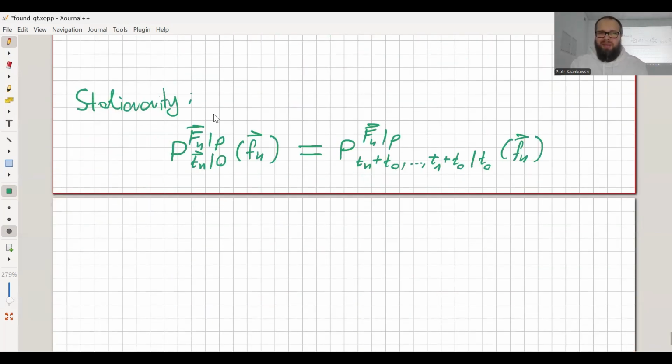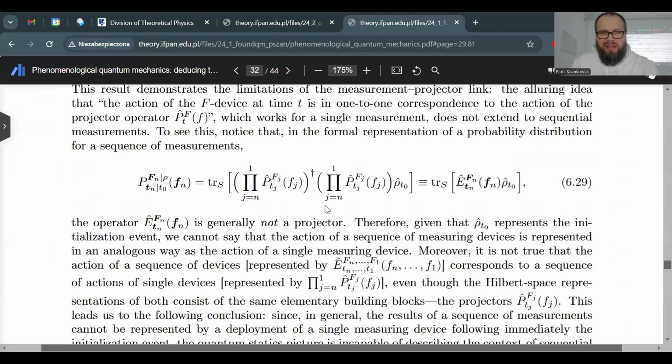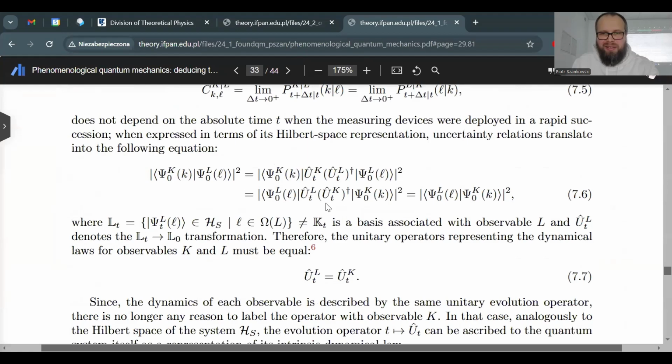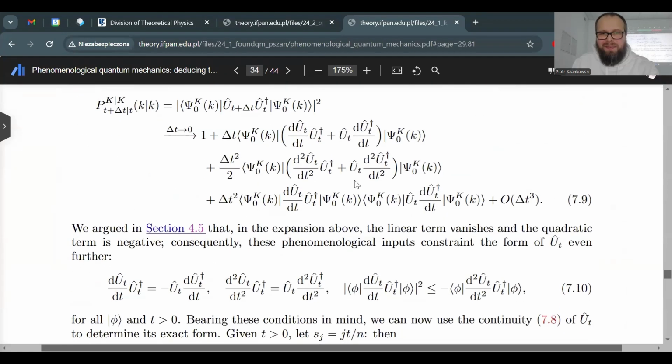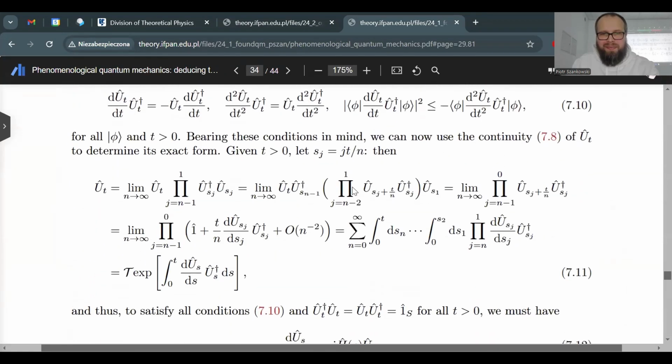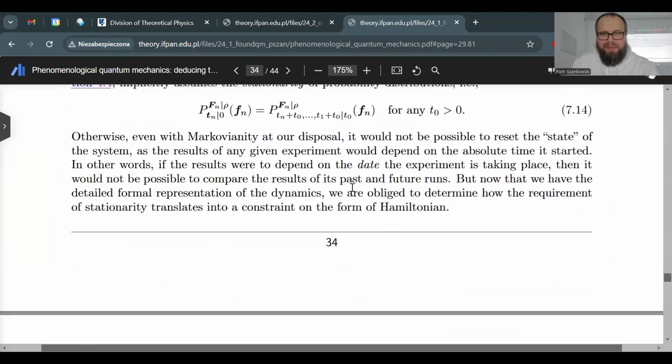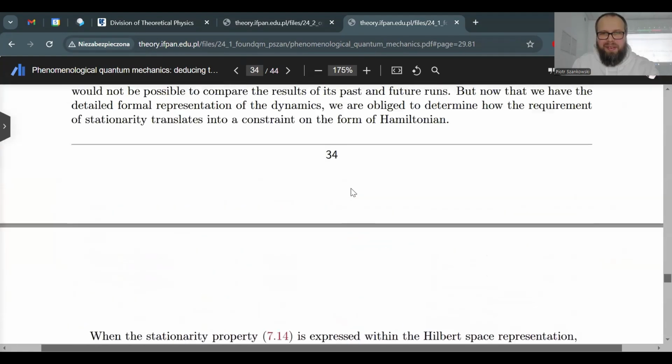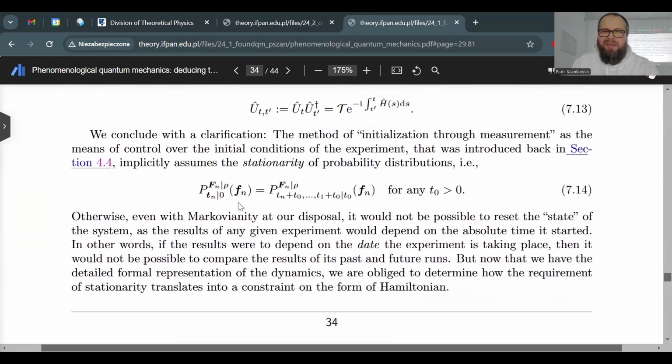So once we translate this condition into a Hilbert space representation, which I can maybe show to you on the PDF, because there's a little bit of writing here. Okay, so here is the condition for stationarity.